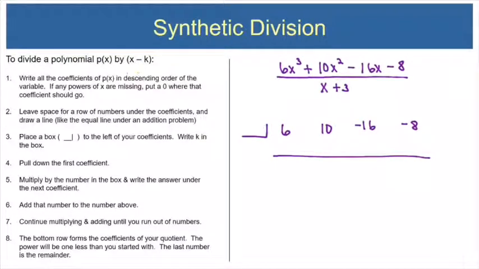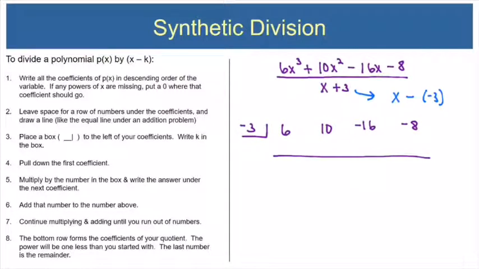If we think about it in minus form, x plus 3 could actually be written as x minus negative 3. You see that? Because minus negative makes plus. So when we're thinking about x minus k, we need to know that although this says x plus 3, in minus form, it's actually x minus negative 3. So negative 3 is what goes in the box here.